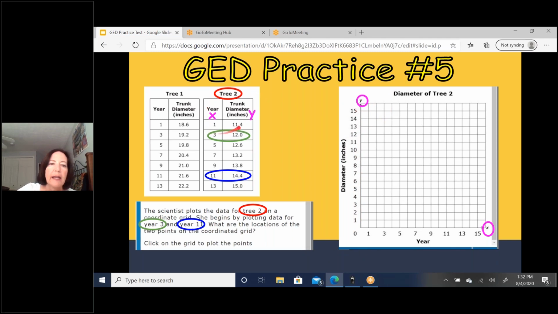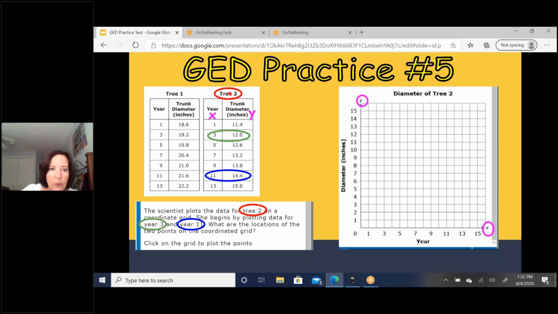Now, anytime you've got a table, mathematicians like to do things in an orderly fashion. And so your first column of values will always be your X values, and your second column of values will always be your Y values. If you've got a horizontal table, the top values are always X, the bottom values are always Y.